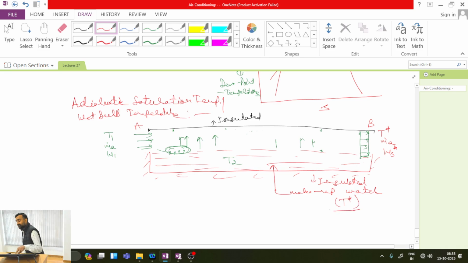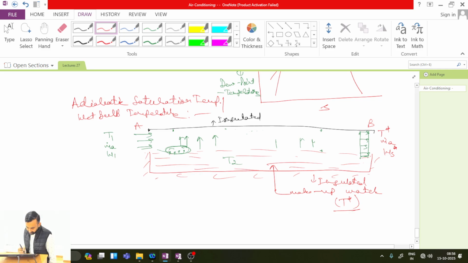I can supply this makeup water at some other temperature also. If I supply at another temperature, the process will still happen, but the length of the pool required will be more. However, if I supply the makeup water at the same temperature as T star, then the length required will decrease. Is this one clear? Anyone having any doubt?